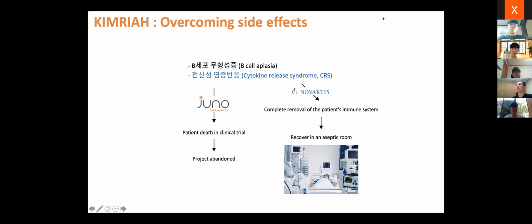Novartis developed a method to overcome this side effect, which is to remove the complete immune system of the patient and let them recover in a septic room, 무균실. However, another company called Juno also wanted to run a clinical trial based on Carl June's technology, but eventually failed because too many patients died, while they hadn't had a chance to overcome the side effect.